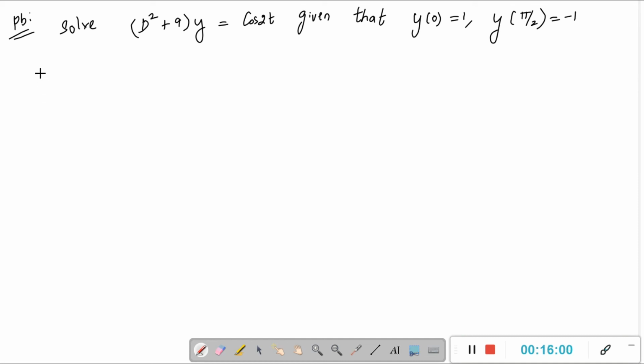So given that d square plus 9 into y equals cos 2t, you can rewrite as y double dash plus 9y equal to cos 2t. Now I am taking Laplace transform on both sides.